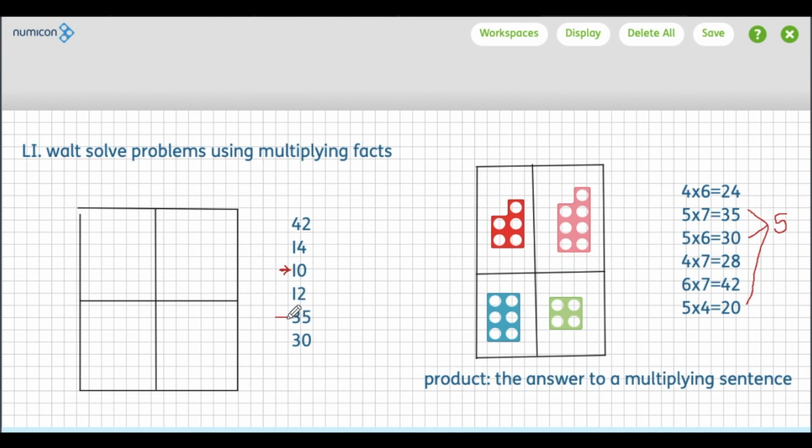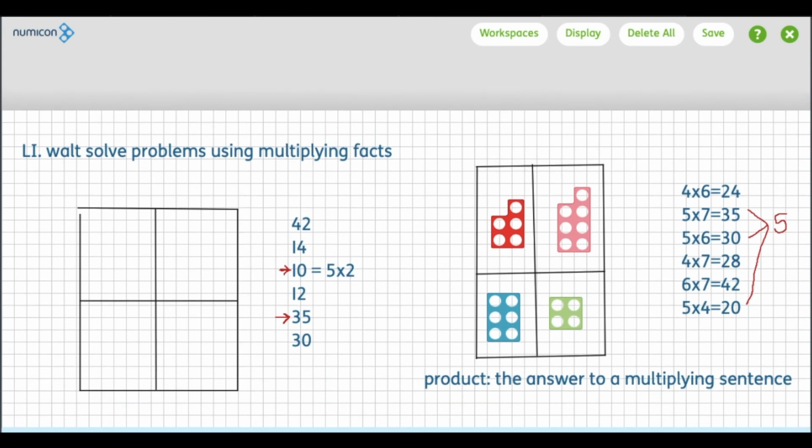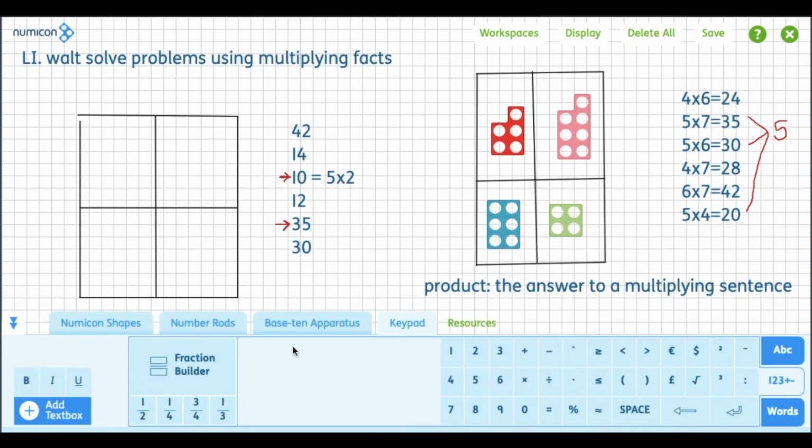And 35 is jumping out at me because I know that the only factors of 35 are 7 and a 5. So what I'm going to do here is put 10 equals 5 times 2.